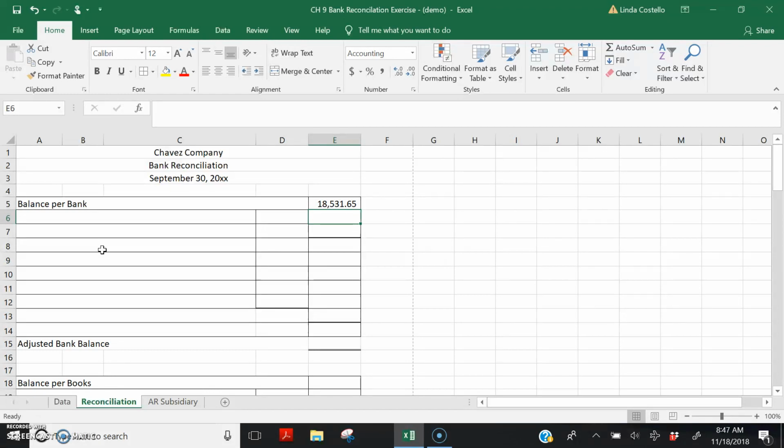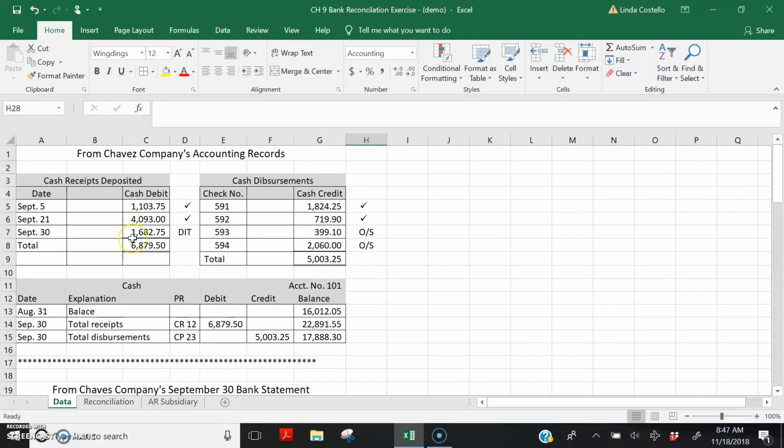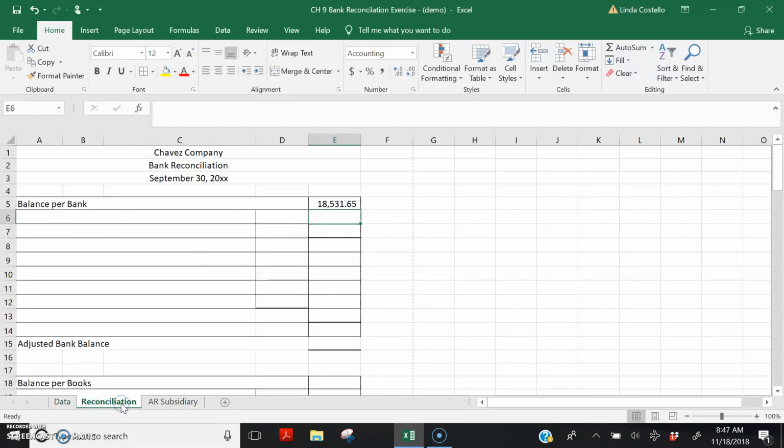So let's add the 1 deposit in transit of $1,682.75 and then get a subtotal. Additions: deposit in transit, September 30th, $1,682.75 for a calculated subtotal of $20,214.40.